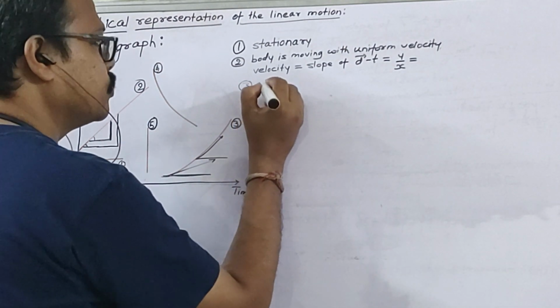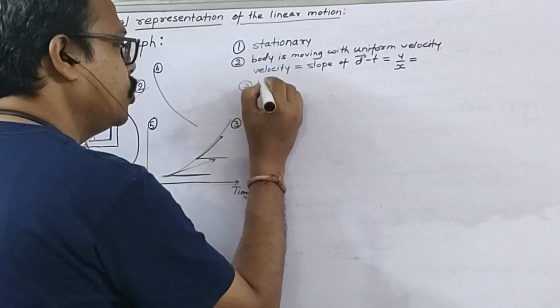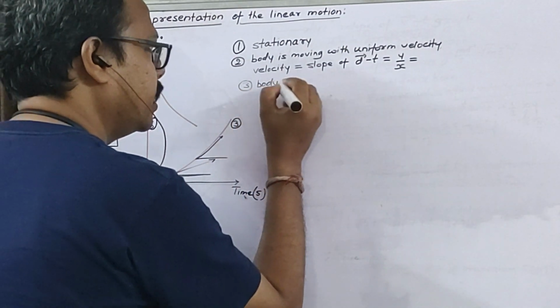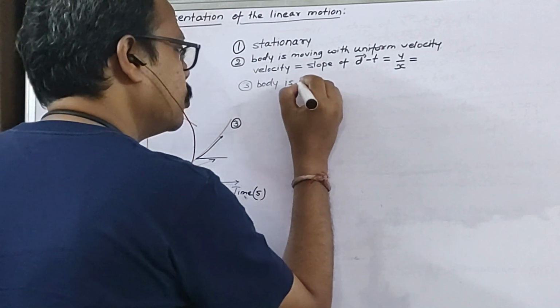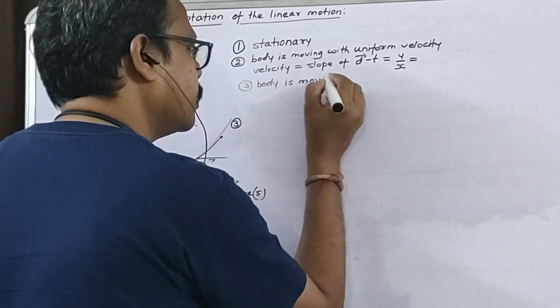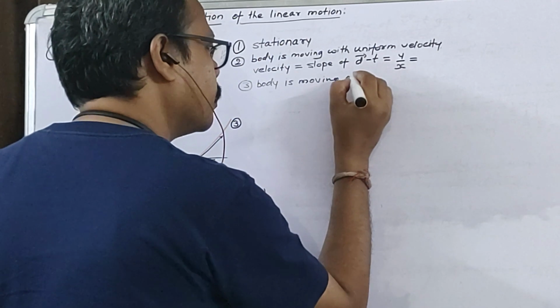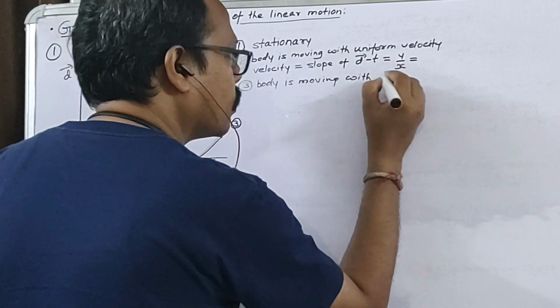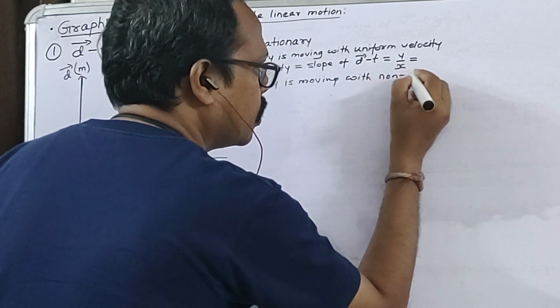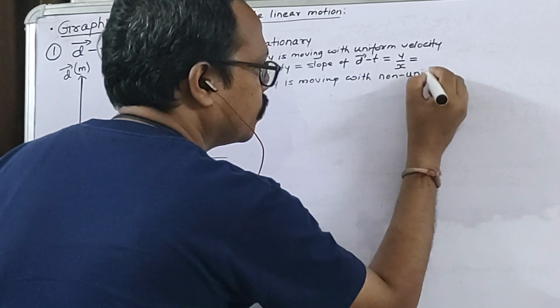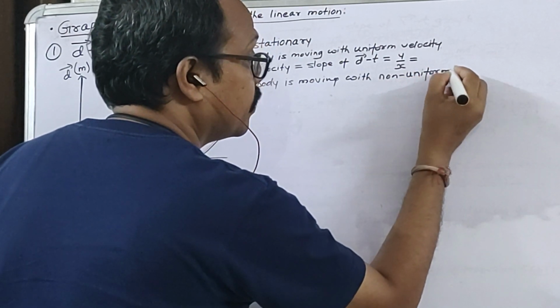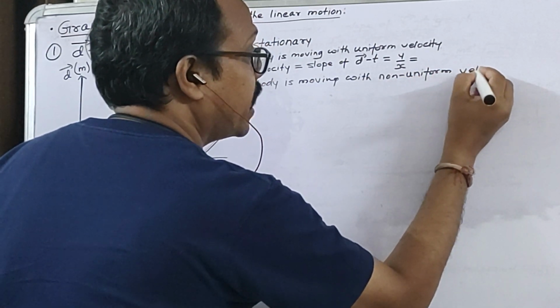The body is moving with non-uniform velocity. Why?